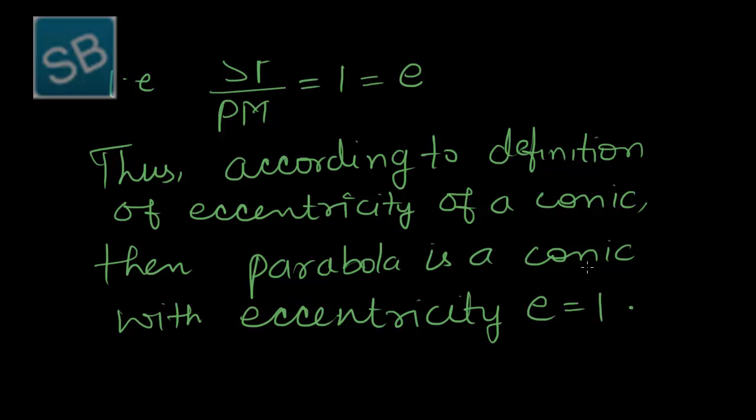That is, the distance of a point on the parabola from the fixed point, to the perpendicular distance of that point from the fixed line, by taking their ratio, comes out to be 1, then it is called a parabola, that is, the given surface is a parabola.